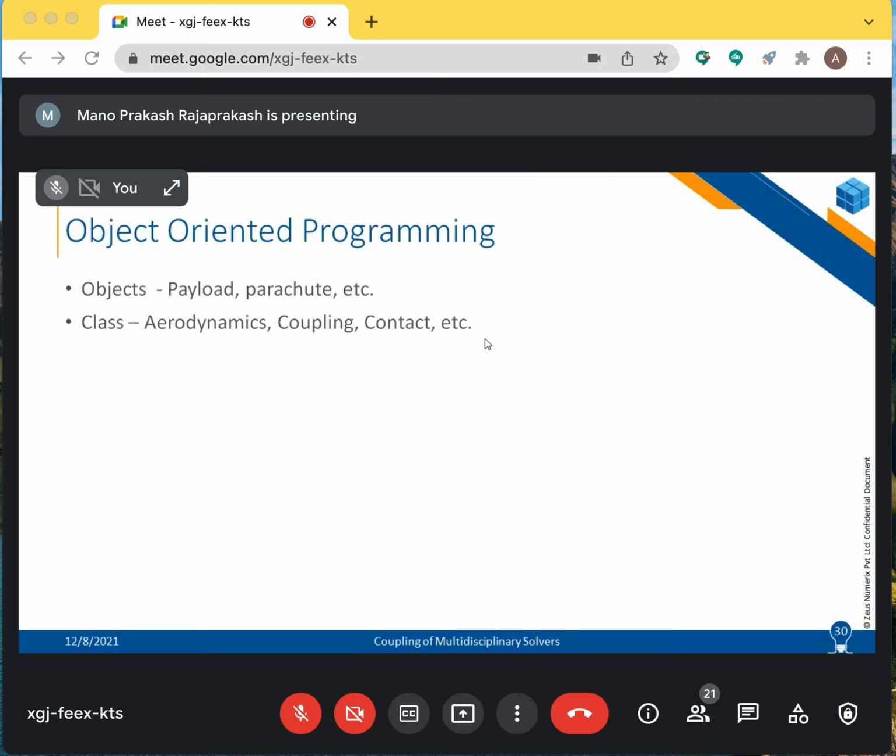It makes the entire process much faster because imagine a payload extracted from a parachute till touchdown. It can take a whole lot of time, up to 40 seconds. The simulation is expected to run till 40 seconds with a time step, assuming that you are using Runge-Kutta 4 for integration.